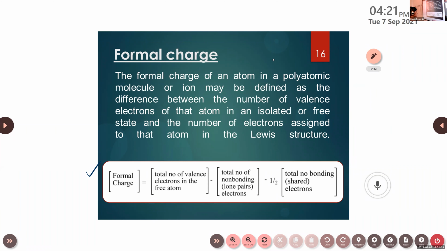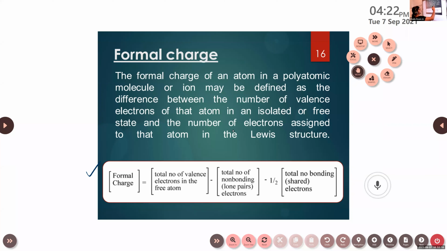Yes, formal charge is equal to... Naurin, can you read? Renil, it's okay. Only the equation. Formal charge is equal to the number of valence electrons in the free atom minus the number of non-bonding electrons minus half the bonding shared electrons.